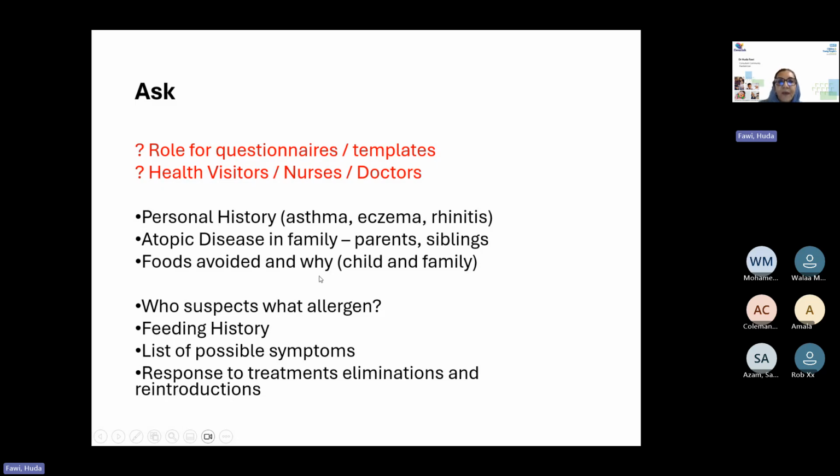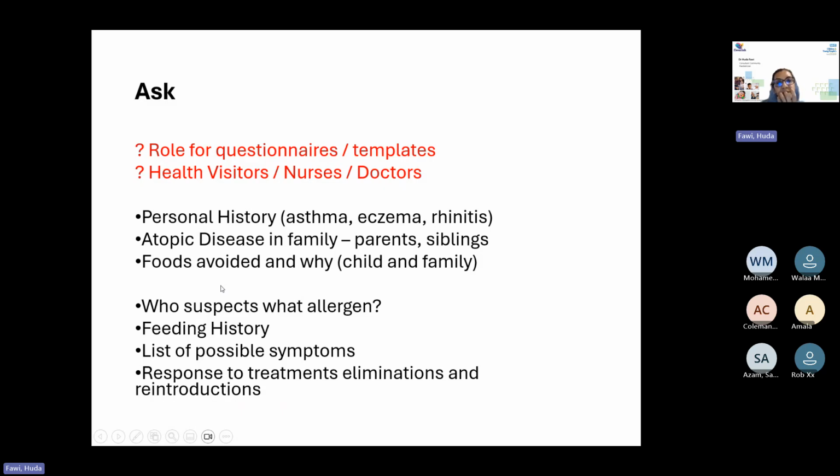And what is the food that is avoided and why? So some parents will tell you that I've given her egg before, but she just spits it out and she doesn't eat it. So they haven't thought about this as an allergy. Or we've avoided the cake because she doesn't like it.